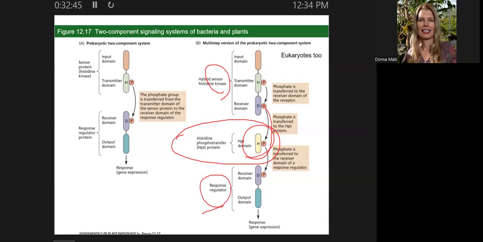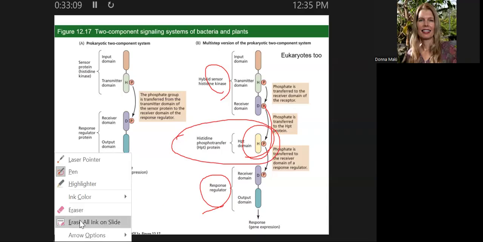So they just added a step, but it's the same basic idea. Transfer that phosphate from player to player in the signal cascade. And then the ultimate goal is to respond appropriately to whatever that initial signal was. So that typically means you've got to shift your gene expression to respond appropriately.